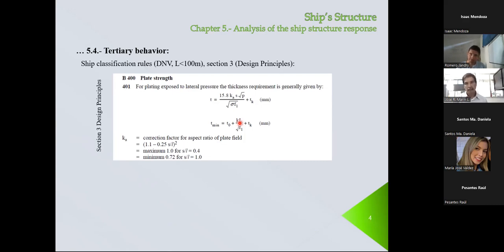What can we do? When we build the ship, we calculate the thickness to sustain the load, and then we add what we call a corrosion allowance. That means it's a piece of the thickness that you can accept to corrode. After 3, 4 years, this corrosion allowance has vanished, and you are back to the first part of the formula.